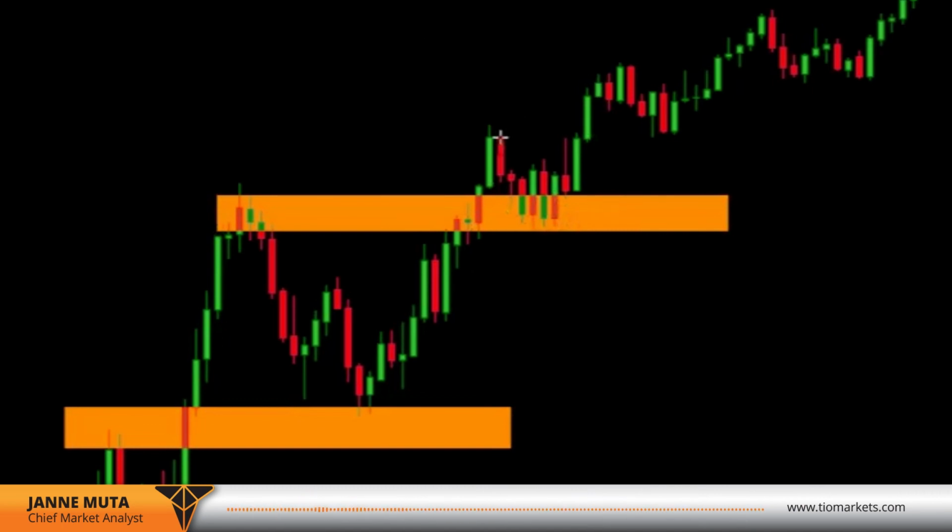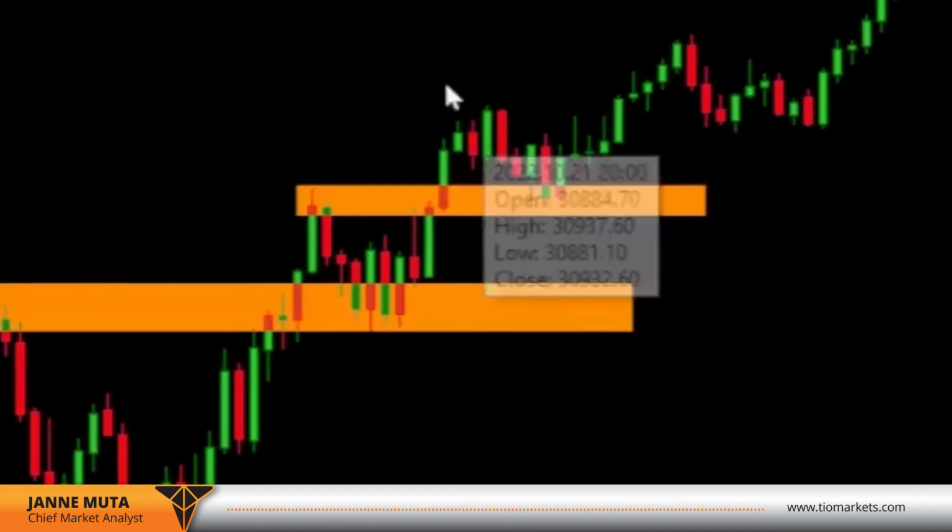This was repeated here. Another market structure level was created. And then the market pushed higher, found support here, and this point was also used as a support here.